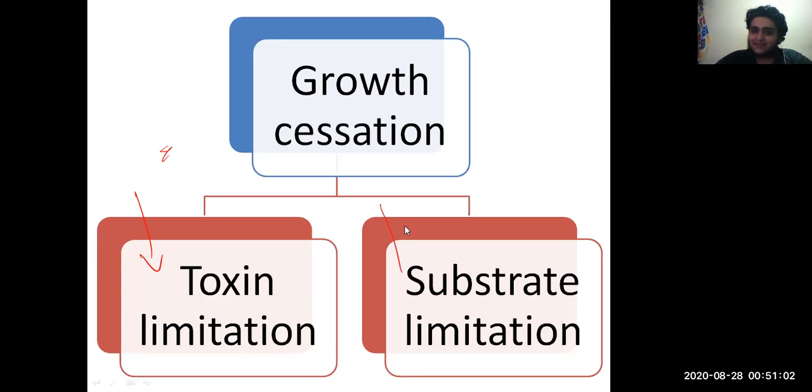But substrate limitation, there is no way to escape this, right? Unless and until we are using a continuous growth culture medium, if the substrate is decreasing, there is no way an organism can compensate for that naturally. So our Monod's equation, or rather Jacques Monod, he was more concerned with the substrate limitation.